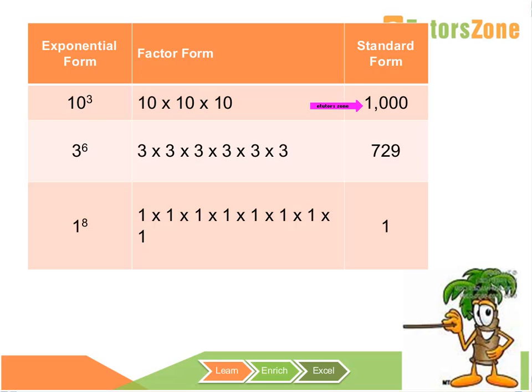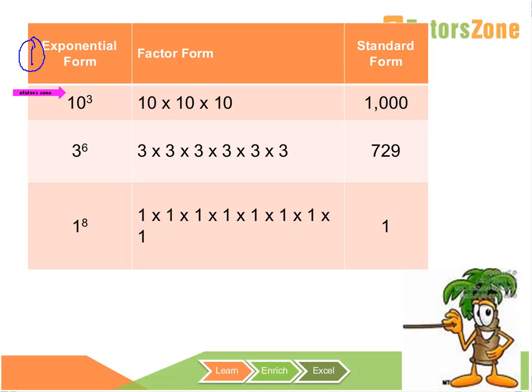Yes, do you get this? Yes, I got it. And this is known as factor form. Like if we write 10 into 10 into 10, that is our factor form. And when we write down 10 raised to power 3, that is our exponential form. So that means we have three ways of writing.